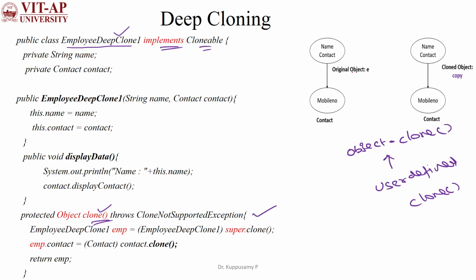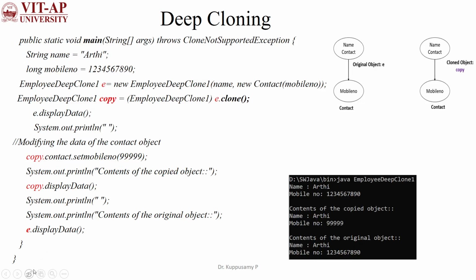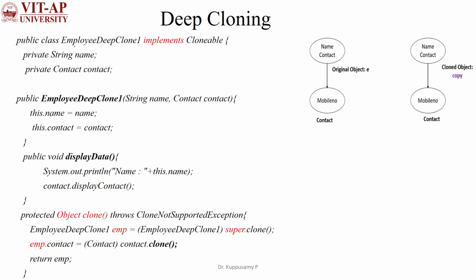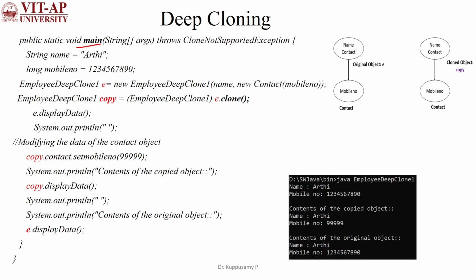So here I am going to create the object by using the class employee deep clone one, which has the variables name and contact. Then inside the main method I am creating the object. For that object we are passing the name as one argument and the contact as another argument.